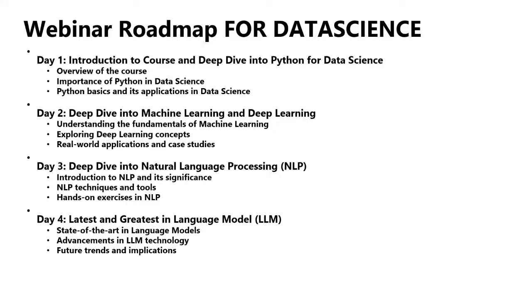But why use Python for data science? What is the importance of Python for data science? That is something I can tell you, how it works and why you need to use Python. And I'll quickly go over some basics and its applications in data science.